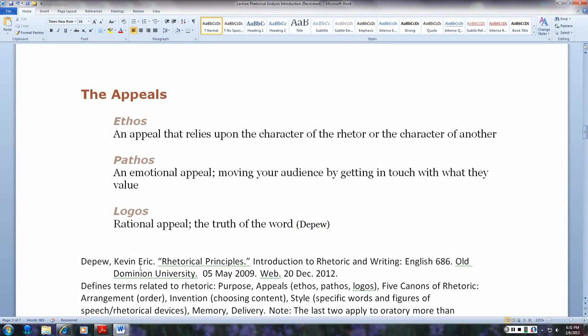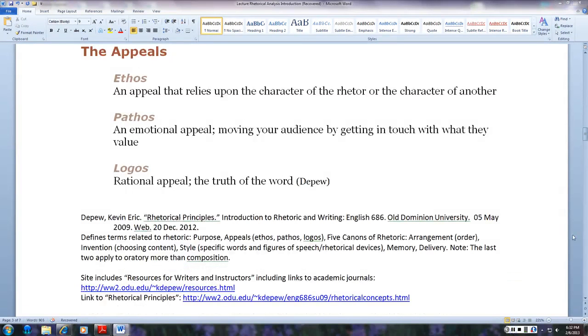Here at the website, Mr. Depew defines terms related to rhetoric. He addresses ideas that apply both to oratory, public speaking, and writing. Mr. Depew defines these terms.